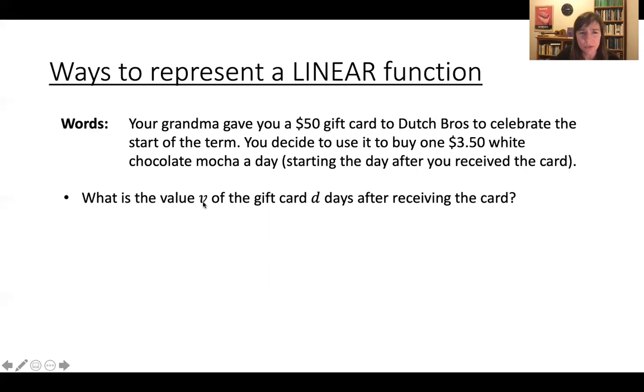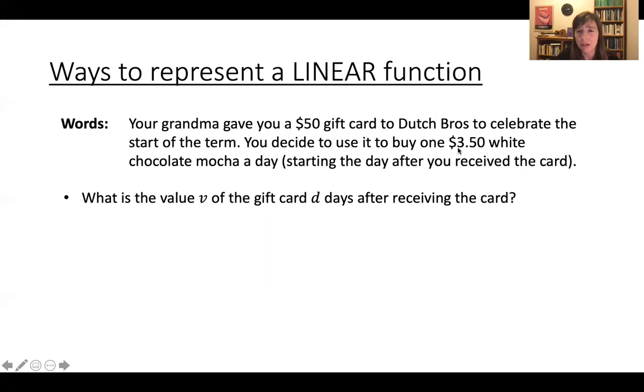The output is the value of the gift card after however many days after receiving the card. Well, it starts at $50, and then every day you're buying a white chocolate mocha, and so every day it's losing $3.50. So our starting value is this $50, so our B is going to be 50.